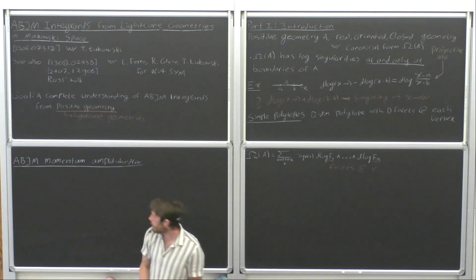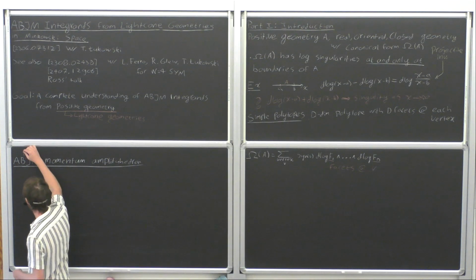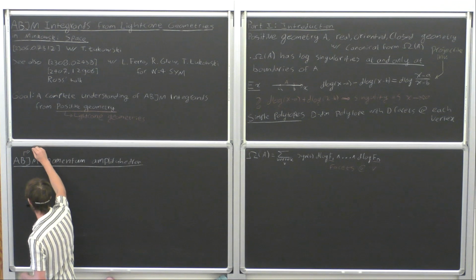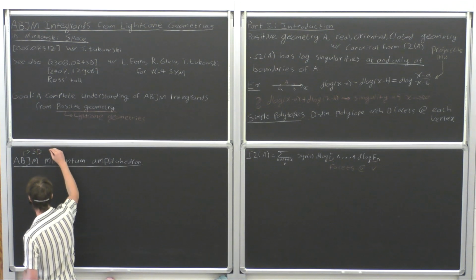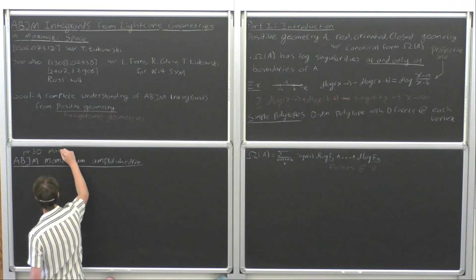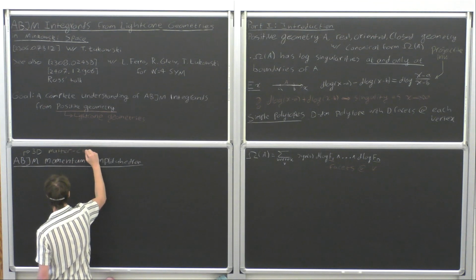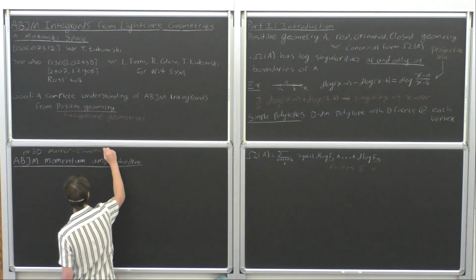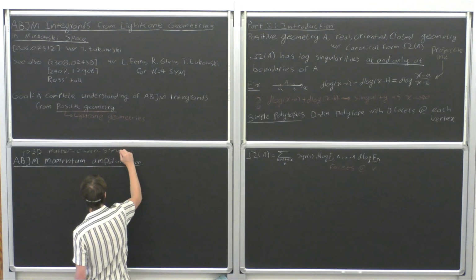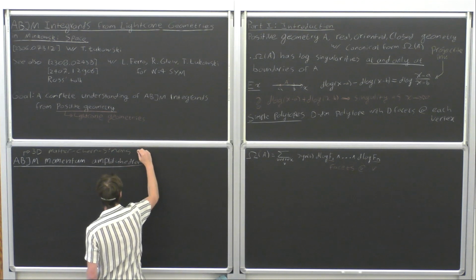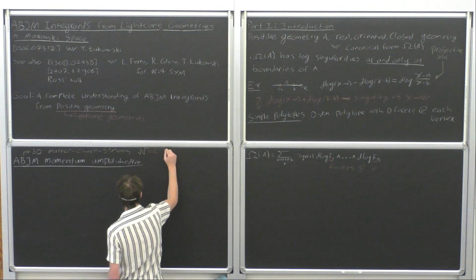So ABJM theory is a theory in three space-time dimensions of matter Chern-Simons with N equals 6 supersymmetry.